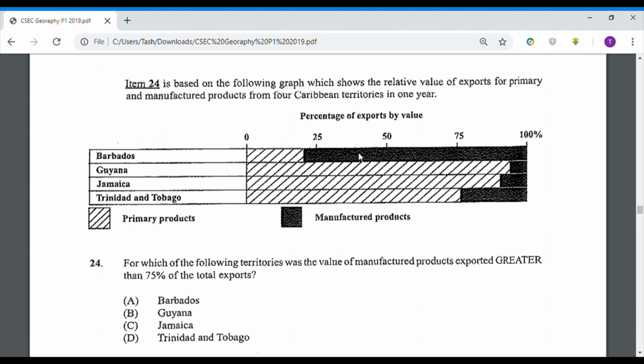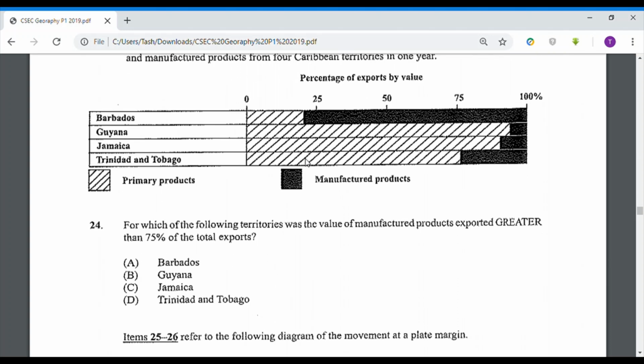So it's as if this section is 0. This would have been 25, 50, and then this would have been 75. So our answer for number 24 would have been Barbados, which is letter A.